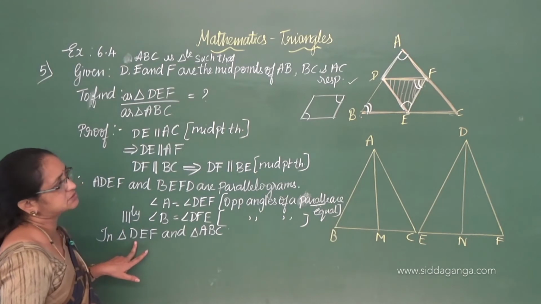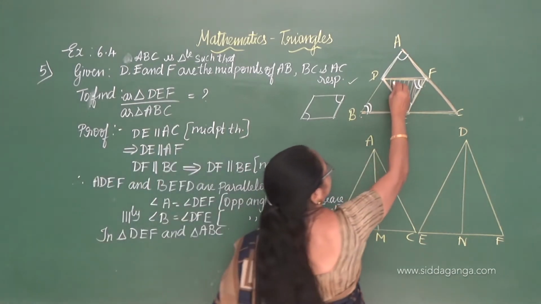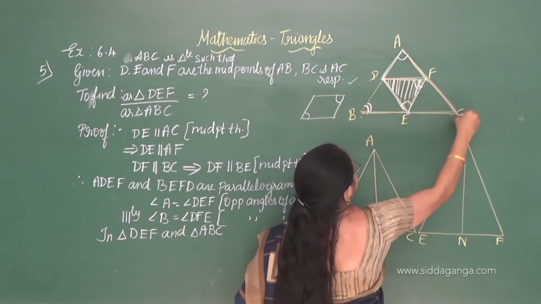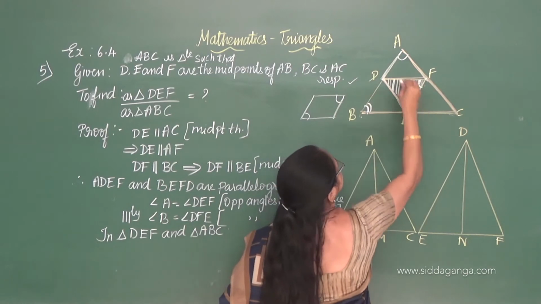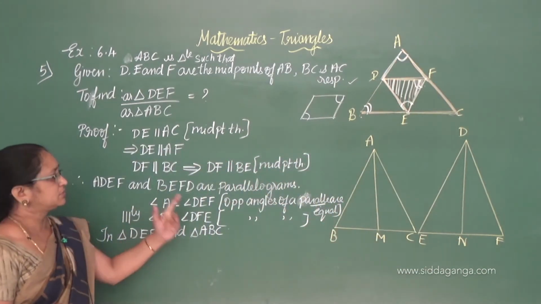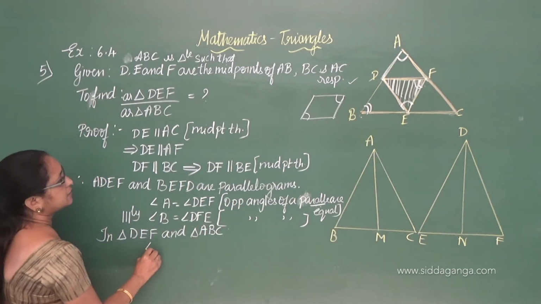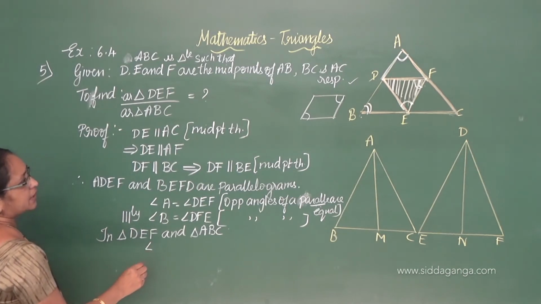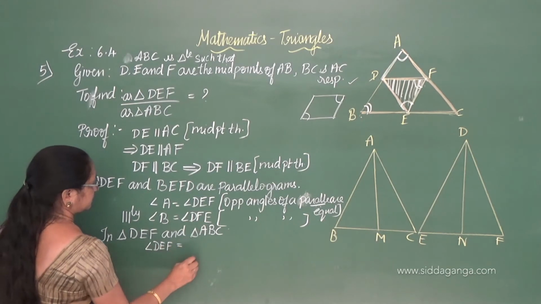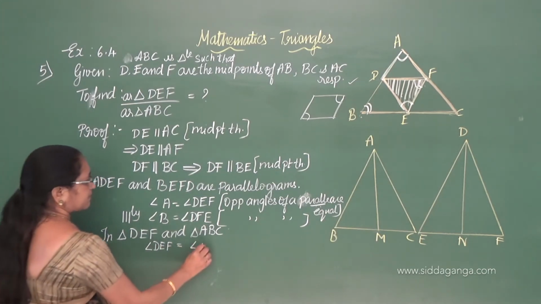So in triangle DEF, just observe this triangle and the bigger triangle. Angle E is equal to angle A. Yes or no? We proved it above, correct? So angle DEF is equal to angle BAC.